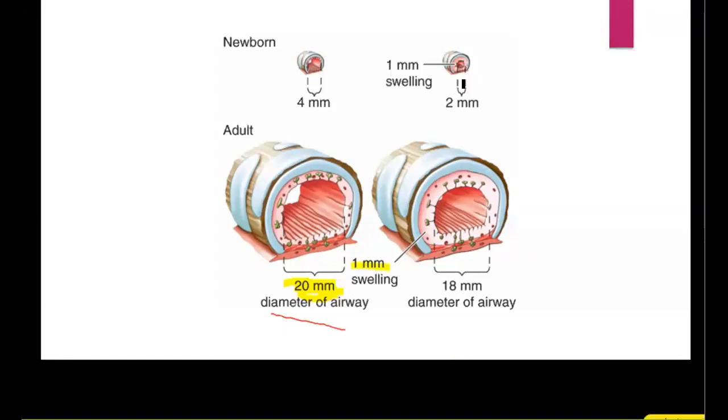That leaves us with an 18 millimeter airway, so it's only decreased slightly. They have a little bit thicker straw to breathe out of until that swelling goes down, which is why sometimes our patients have a little stridor after extubation. Not much in adults. We really don't see that in adults.